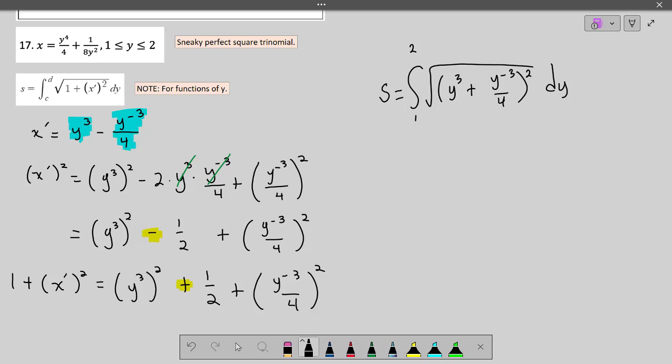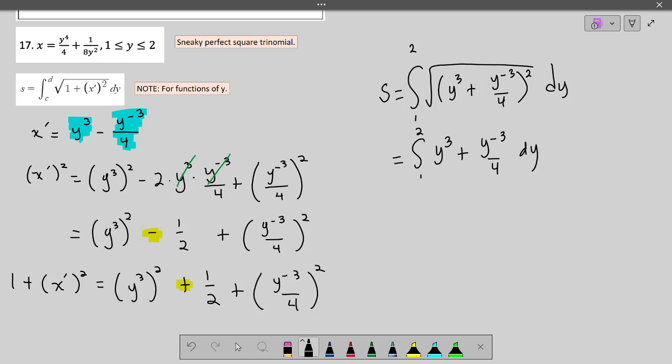So we start with a minus b, and we end up with a plus b. When we have this sneaky perfect square business, the pattern is very recognizable. You're going to end up integrating a function that looks exactly the same as the derivative, except for the middle term. It'll be opposite, a minus to a plus.